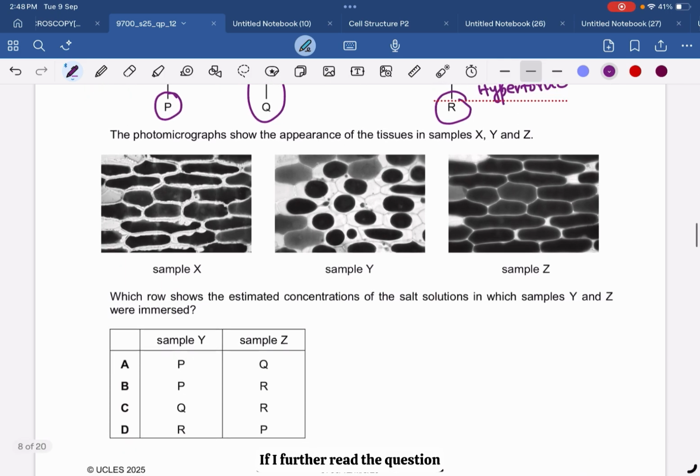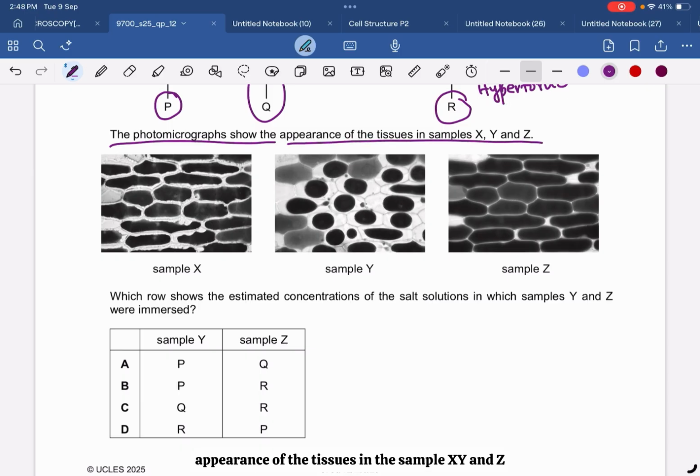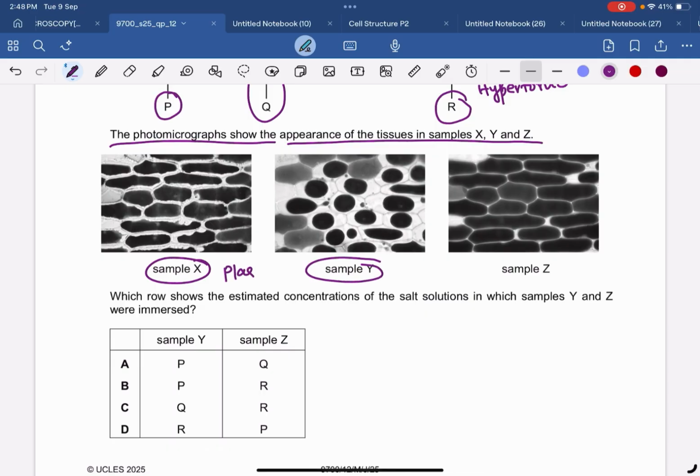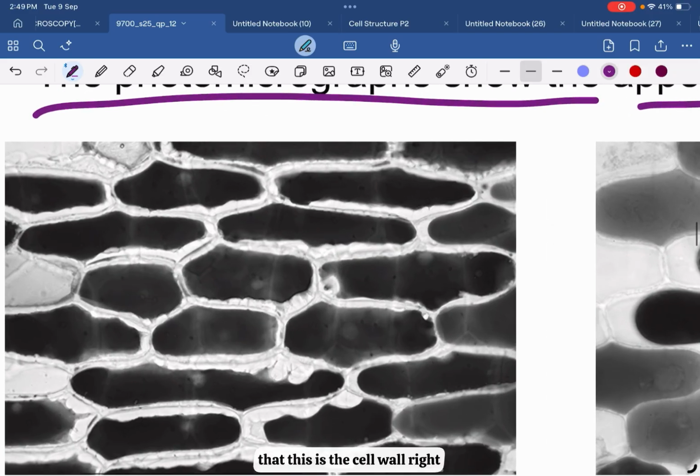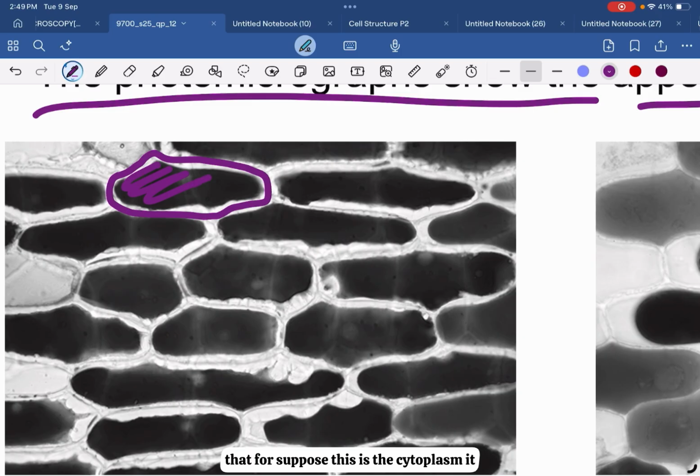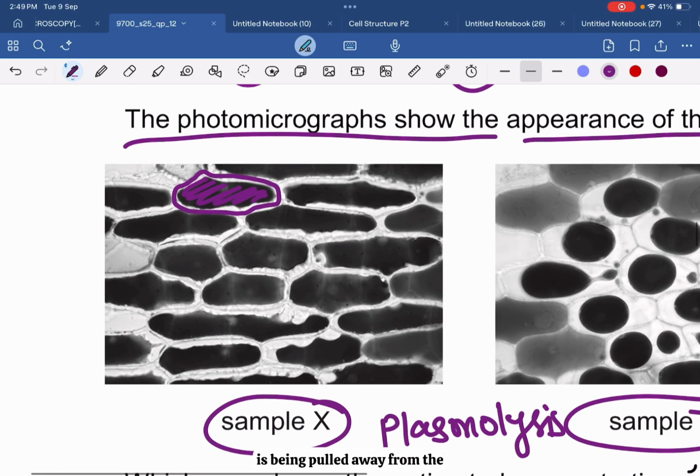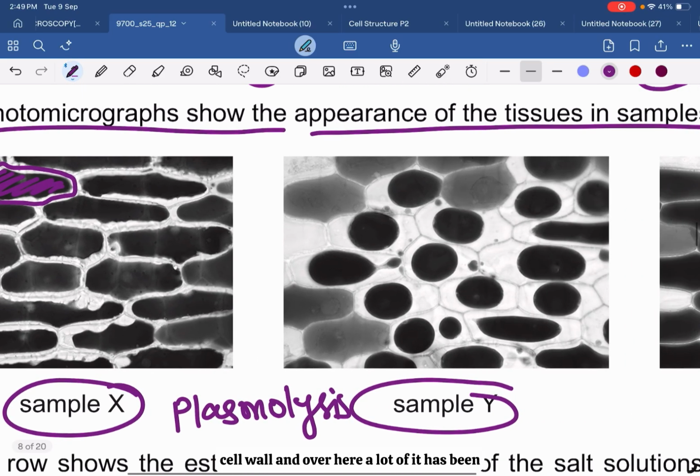If I further read the question, they say that the photomicrograph shows the appearance of the tissues in the samples X, Y and Z. So if you see over here, sample X and sample Y are showing plasmolysis, right? How is it showing plasmolysed cells? You can see over here that this is the cell wall, and suppose this is the cytoplasm, it is being pulled away from the cell wall, and over here a lot of it has been pulled away from the cell wall.